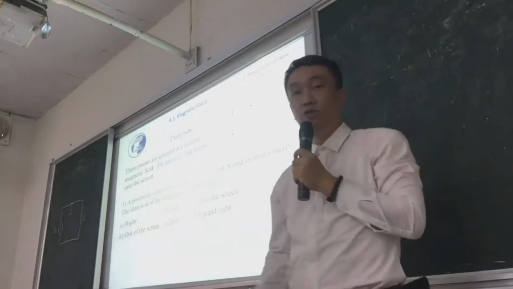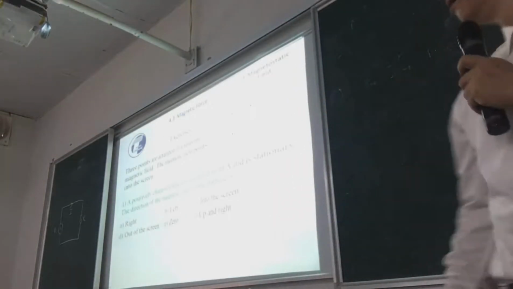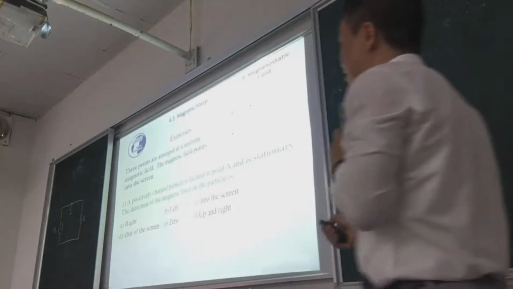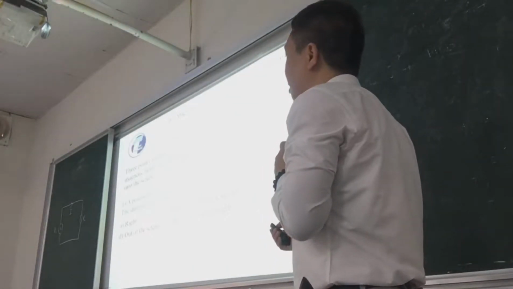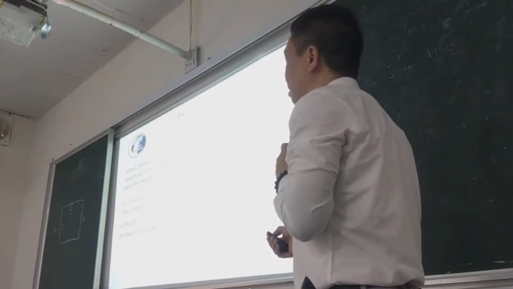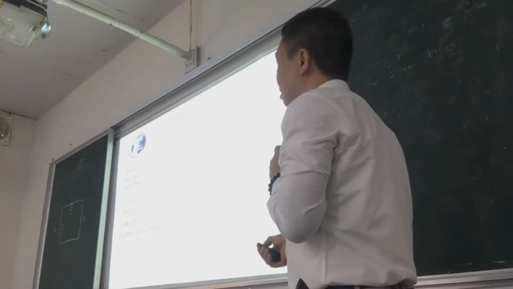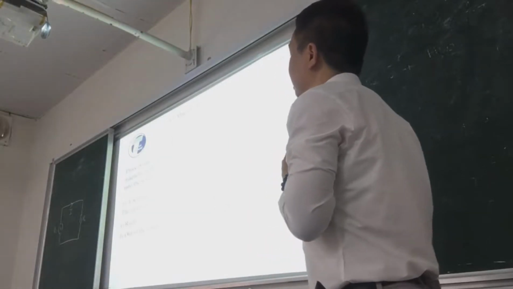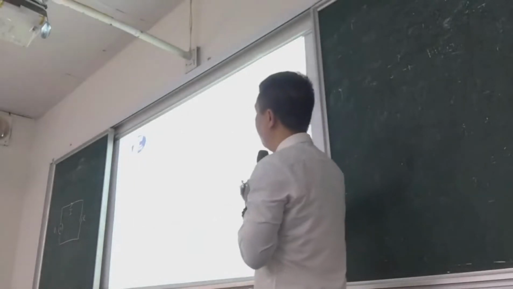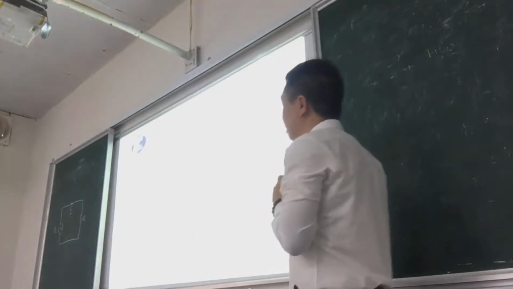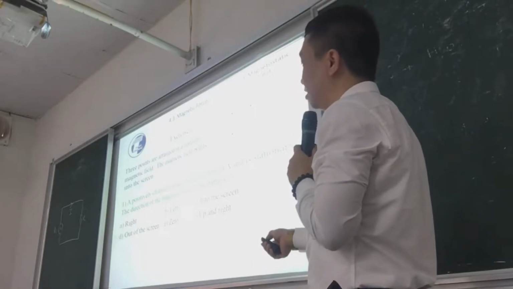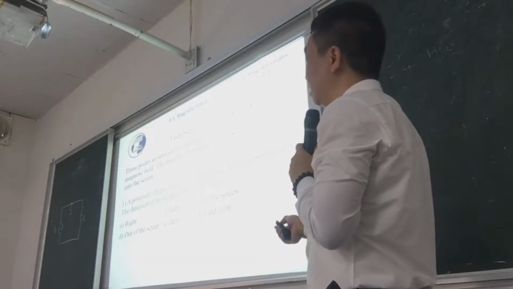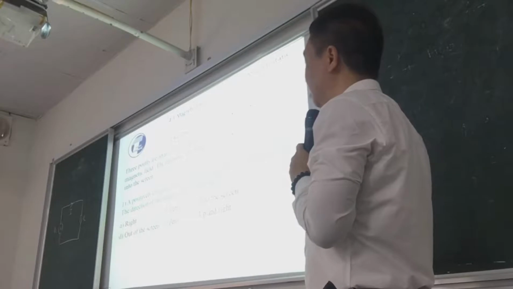Okay, so we go to the exercise. Three points are arranged in a uniform magnetic field and the magnetic field points into the screen. So we have the three points A, B, and C. So question number 1: a positive charged particle is located at point A and stationary.